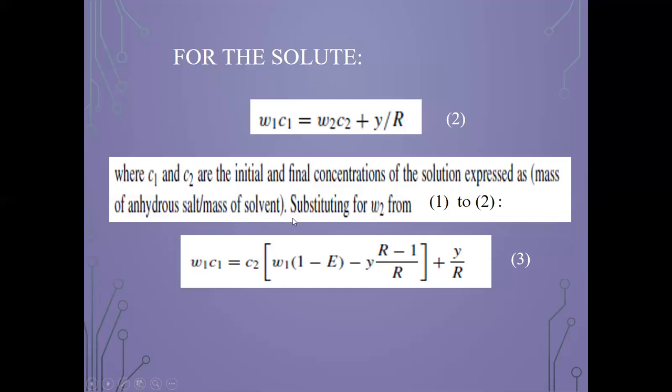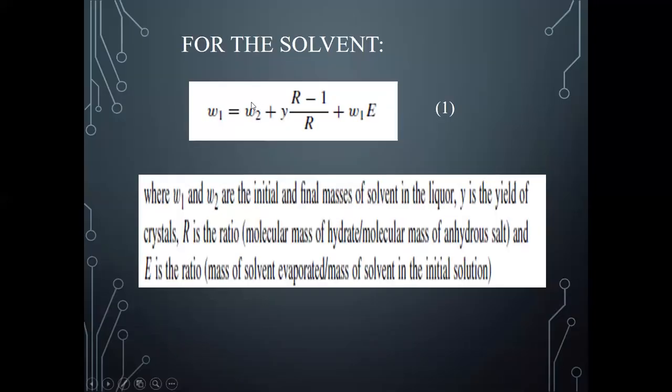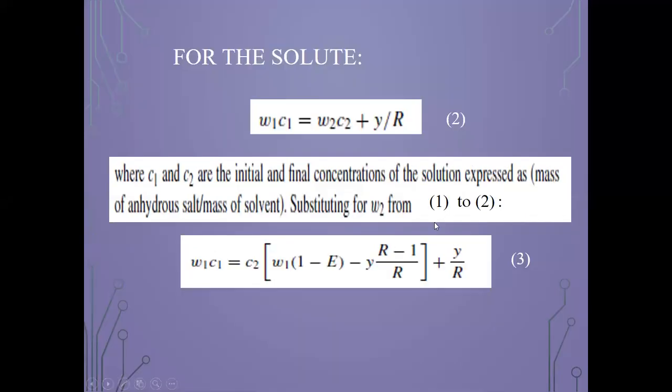Now, if we substitute omega 2 from equation 1, meaning I will get an expression of omega 2 from the solvent balance and substitute it in this solute balance equation, we will arrive at this new equation.